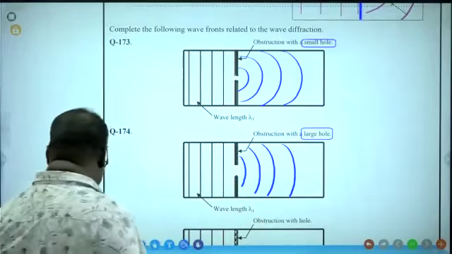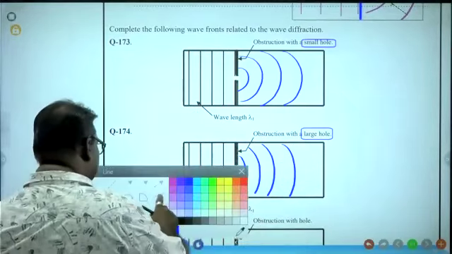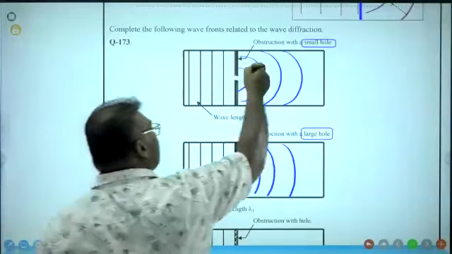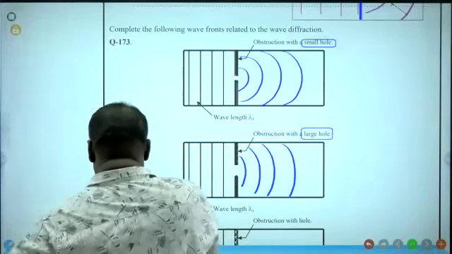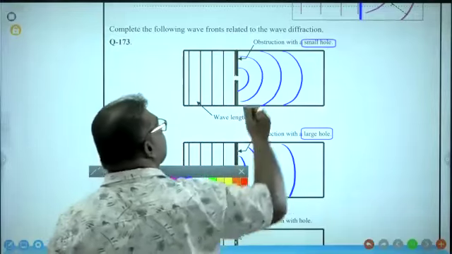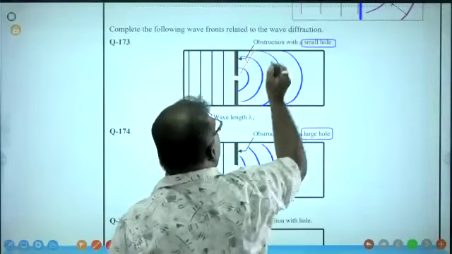Spread is not sharp, right? That is called weak diffraction. This one is called sharp diffraction, like this. Here, diffraction sharp.